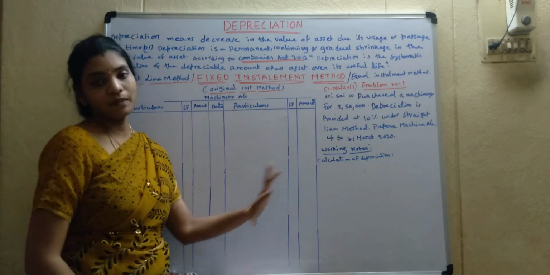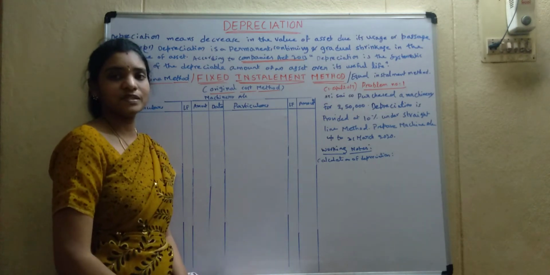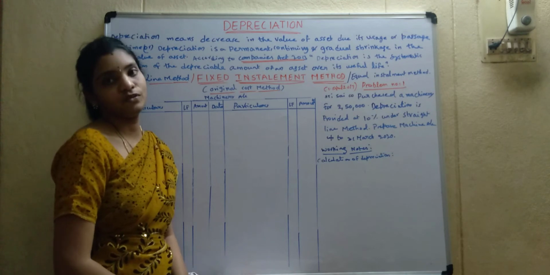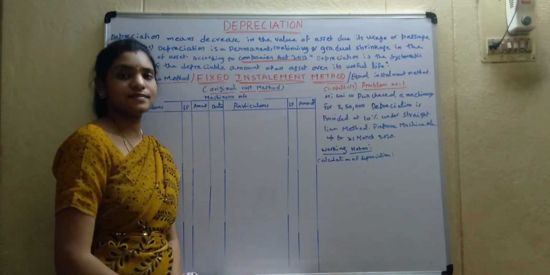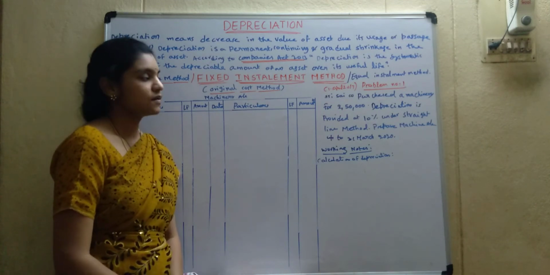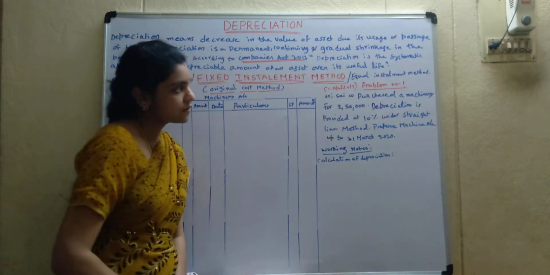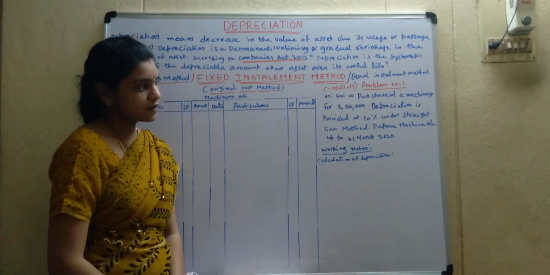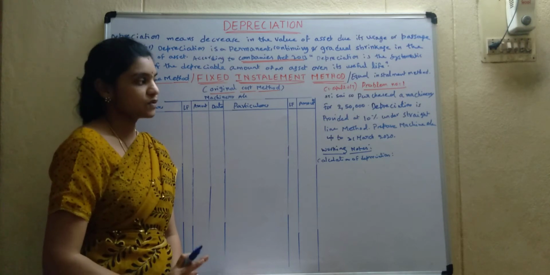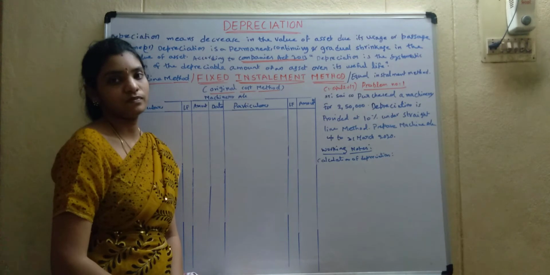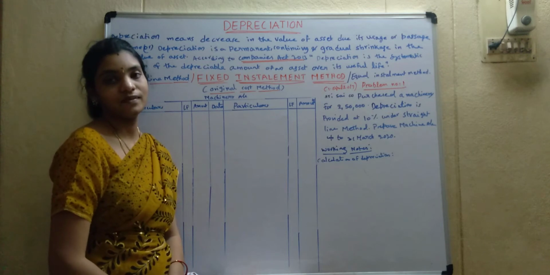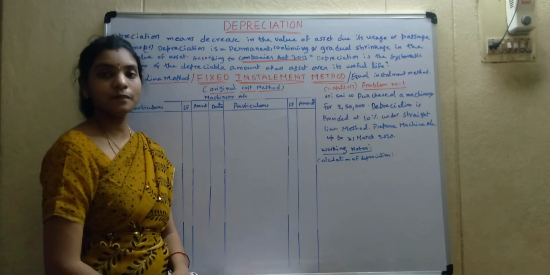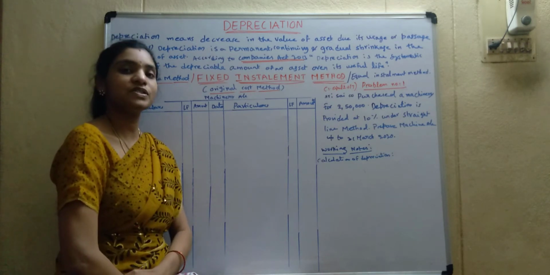As it is the fixed installment method, if you calculate depreciation once, it is sufficient, because it is fixed and there is no need to change that amount. But in the case of the diminishing balance method, we have to calculate depreciation every year.